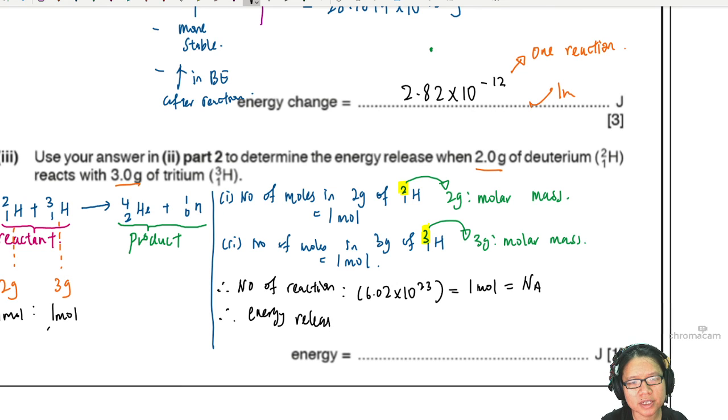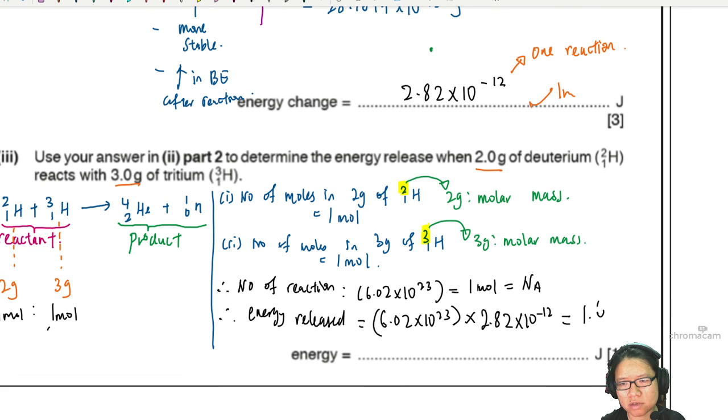So your energy release will simply be 6.02 times 10 to the power 23 multiplied by energy release of 1 reaction, 2.82 times 10 to the power of -12. Okay, so we're going to put that into the calculator. And this would give us 1.697, I guess 1.70 when rounded to 3 SF, times 10 to the power of 12 joule.